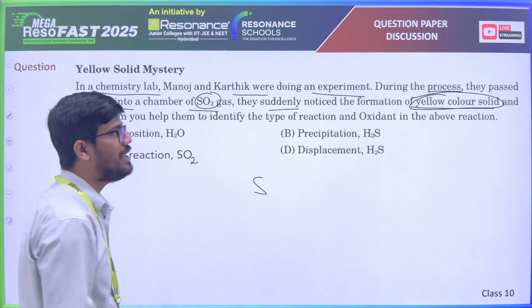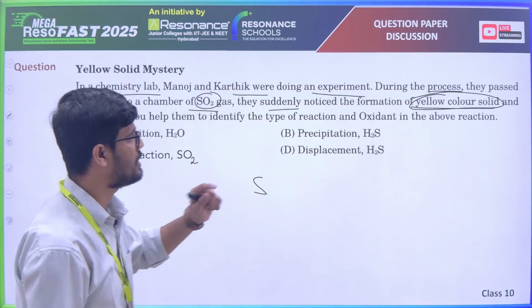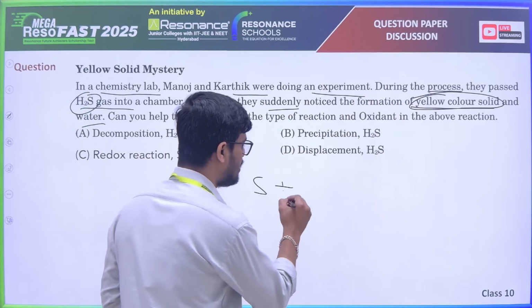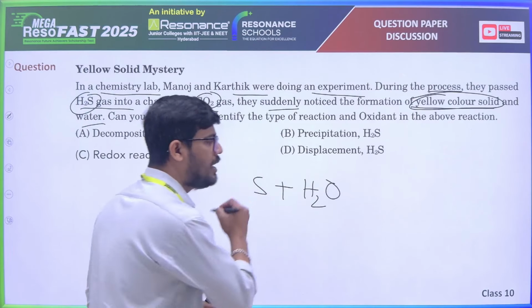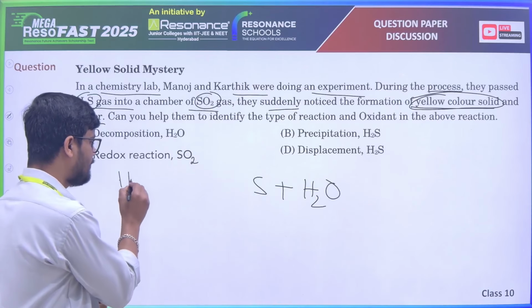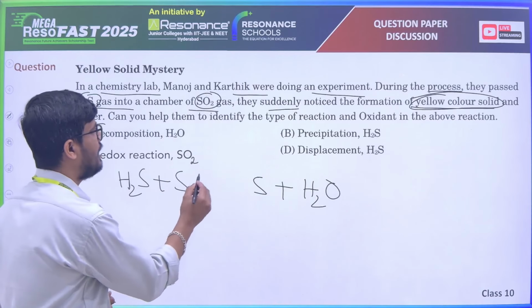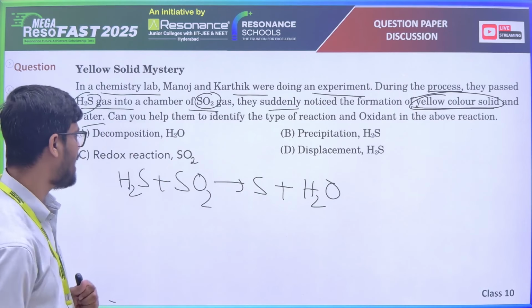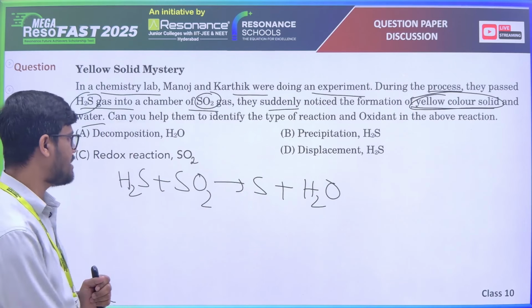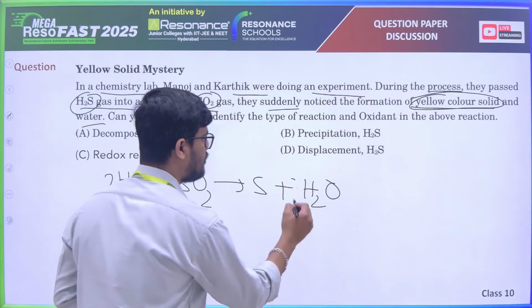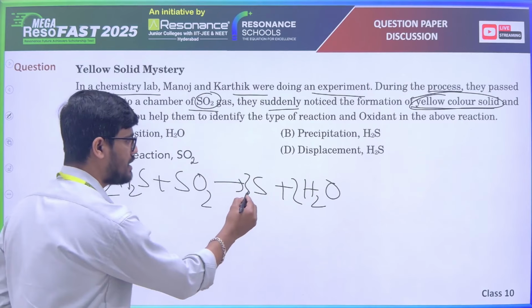So we are getting one hint from that observation. Second one is water. So another byproduct is water. So this is our product. Now from where are we getting this product? H2S and SO2. So this is our chemical reaction. Now if we balance this reaction, just put 2 here and 2 here, 3 here. So this is our balanced reaction.